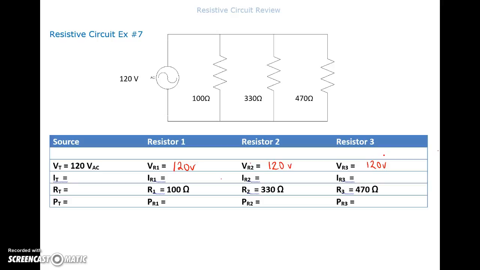Second step, you can find your total resistance using the reciprocal equation, right? So you could use RT is equal to 1 over 100 plus 1 over 330 plus 1 over 470.